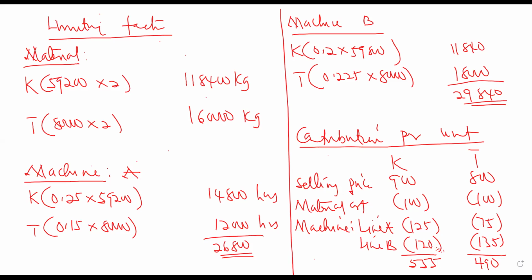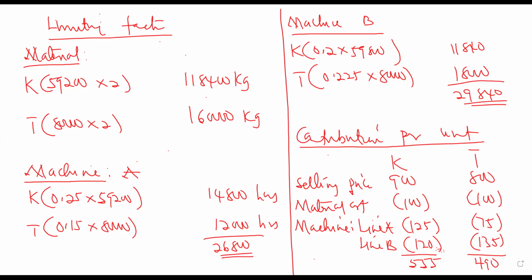The hours are 0.25 and 0.15, so you multiply 500 by 0.25, and the other one is 0.15 multiplied by 600. Then you do the same thing for material B, 0.2 and 0.225 by 600, to get this figure. Thank you.